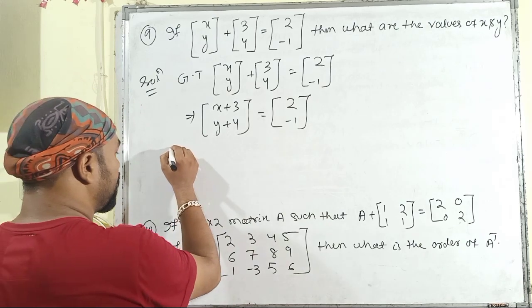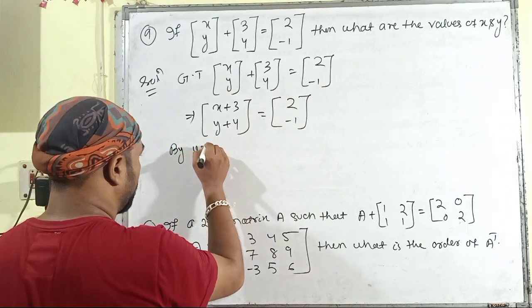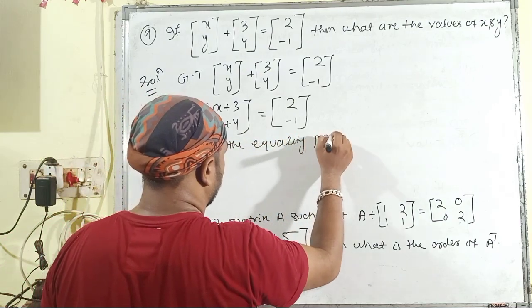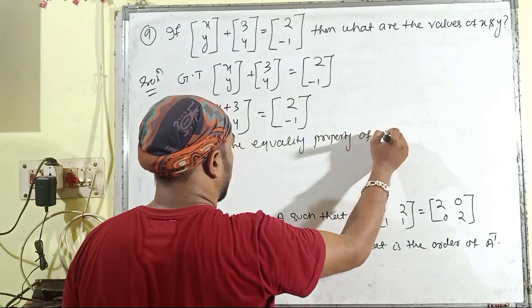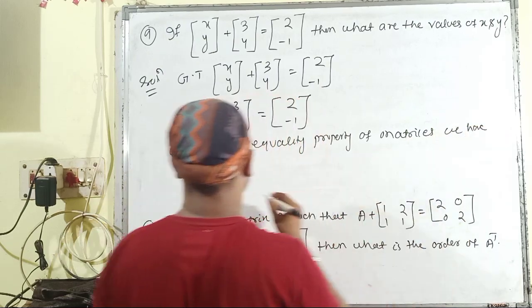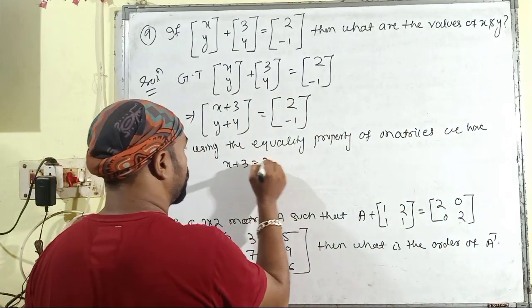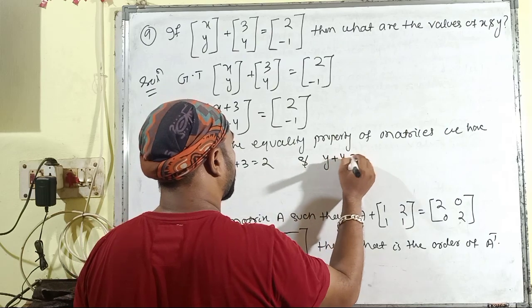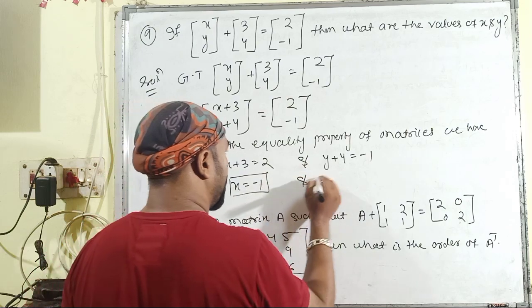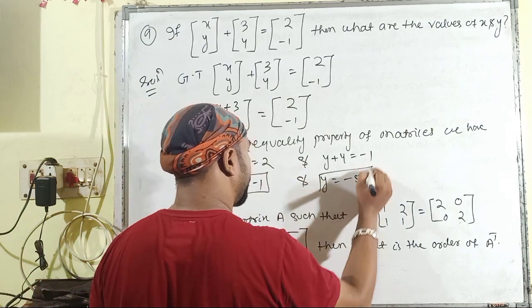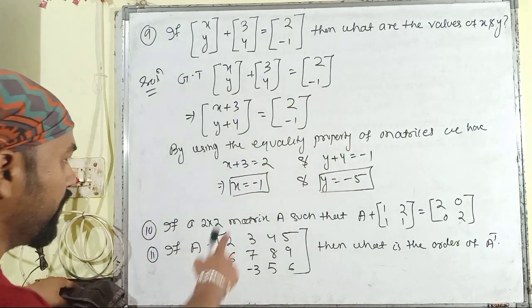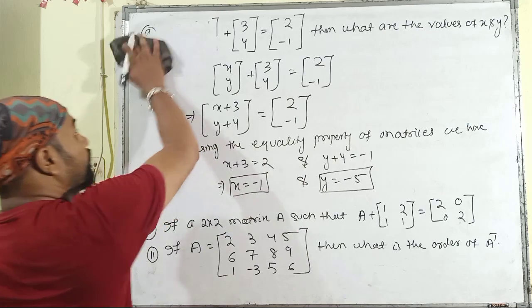So by using the equality property of matrices, we have x plus 3 is equal to 2 and y plus 4 is equal to minus 1. That implies x is equal to minus 1 and y is equal to minus 5. So these are the values of x and y. Then moving towards the problem number 10.